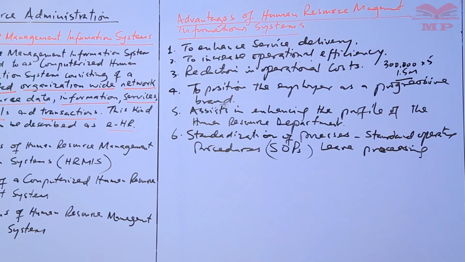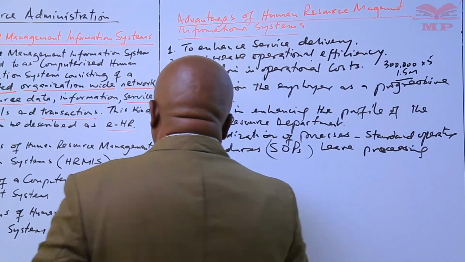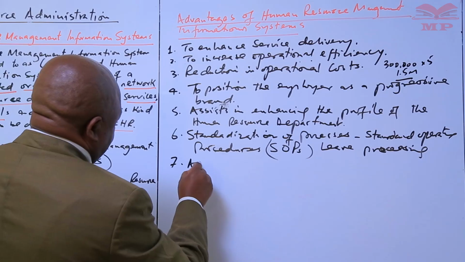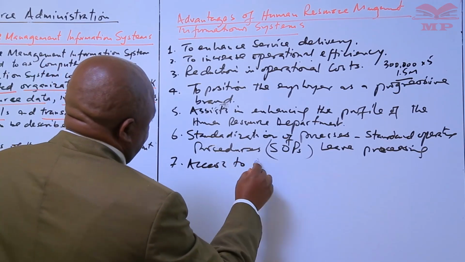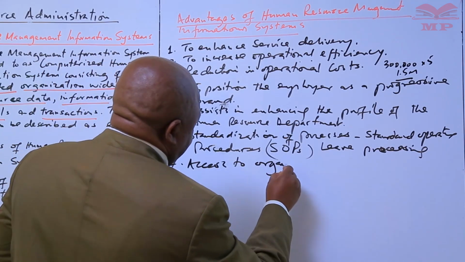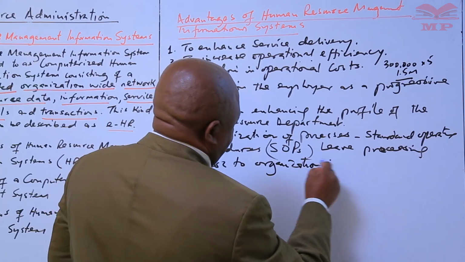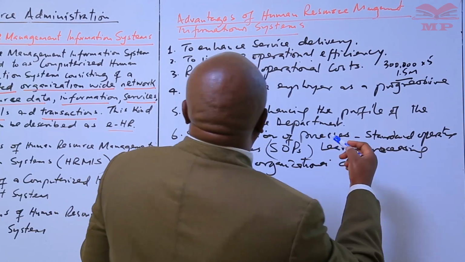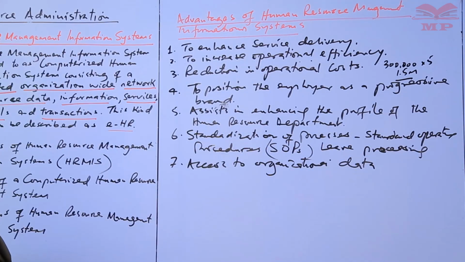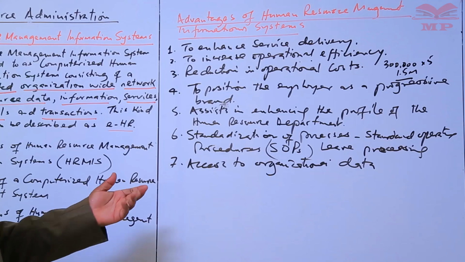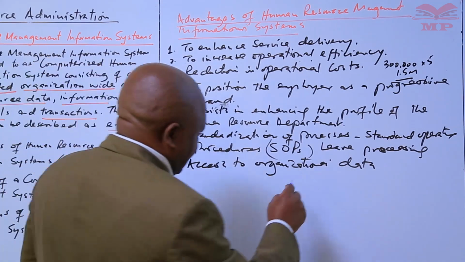Then there's also the element of access to organizational data. So this could be some of the advantages of using a human resource management information system, where an organization can access organizational data.